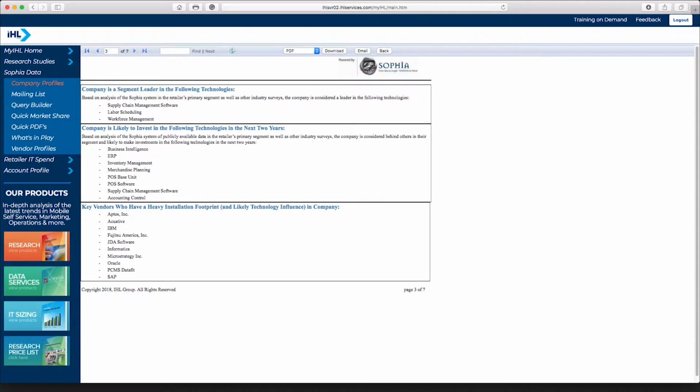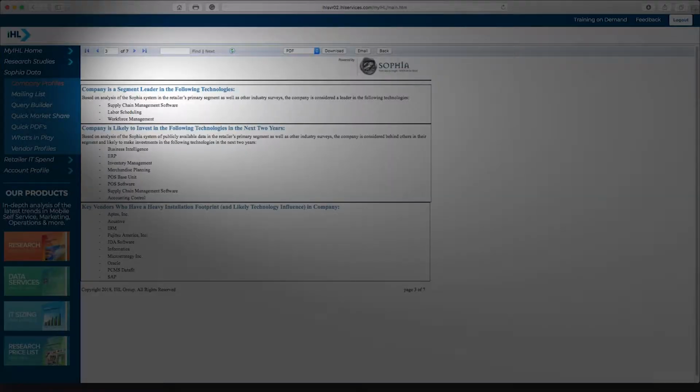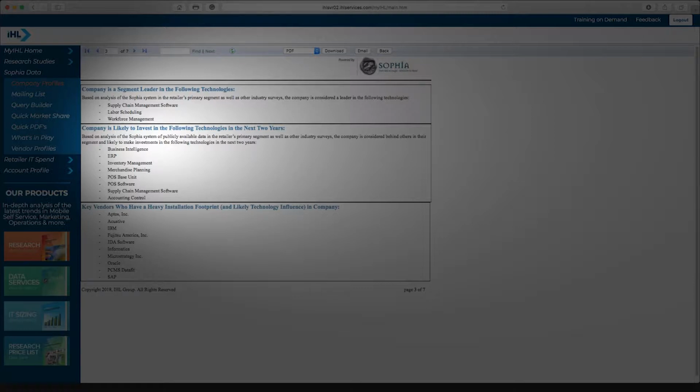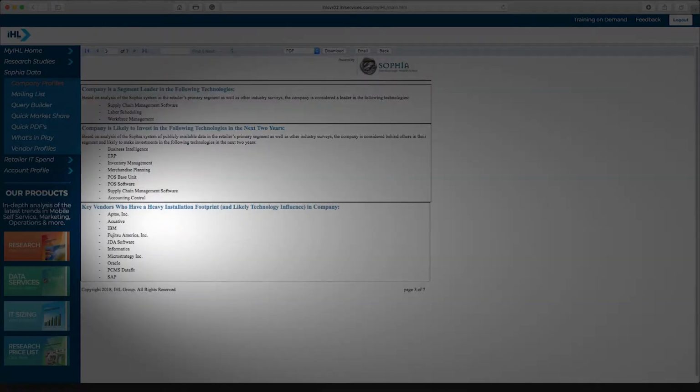The next page in the profile takes a look at some key technology metrics for the company. It shows where the company is a leader, where they have recently updated technology, the technologies IHL thinks they are likely to be investing in the next 2 years based on trends and the age of existing systems, and finally, key vendors in the account that can help or hurt you in your sales process.